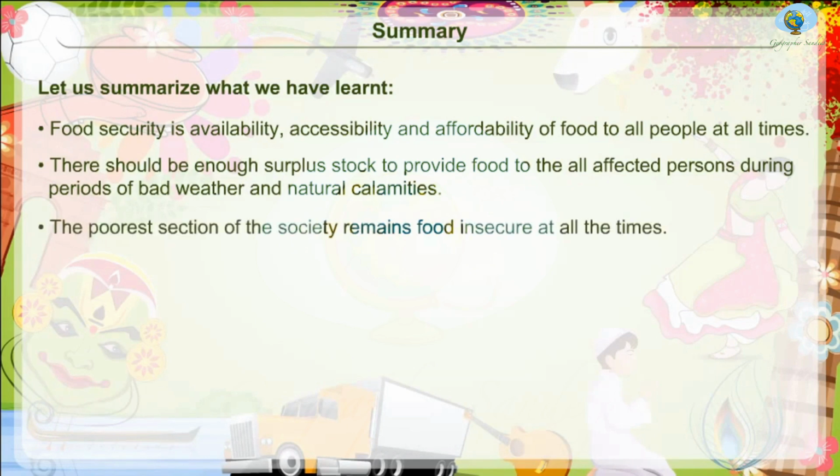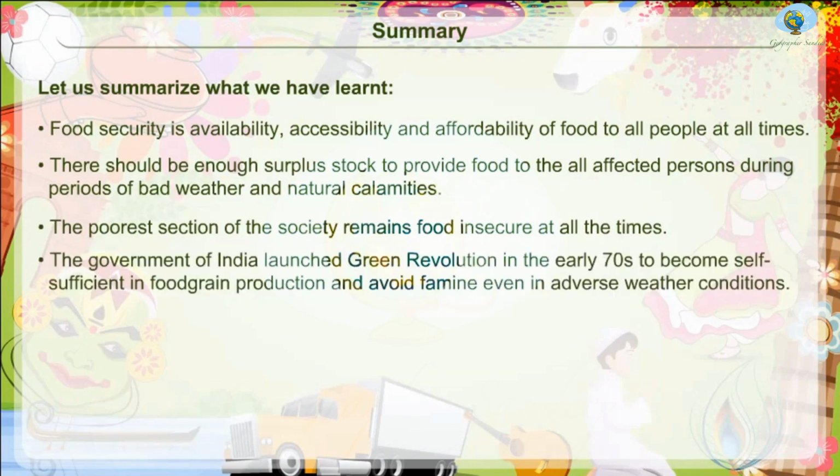The poorest section of the society remains food insecure at all times. The Government of India launched the Green Revolution in the early 70s to become self-sufficient in food grain production and avoid famine even in adverse weather conditions.